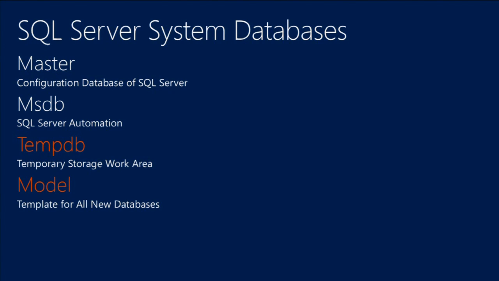So if I'm in SharePoint and I create a new web app and give it a database name, it's taking a picture of the model database and using most of its settings as a template for my new database for SharePoint. Those two in orangish red up there are the ones we need to be concerned with as SharePoint admins, and we need to have discussions with our SQL DBAs around those.